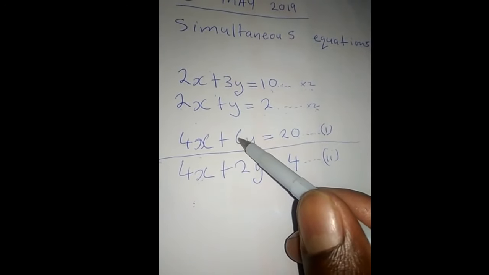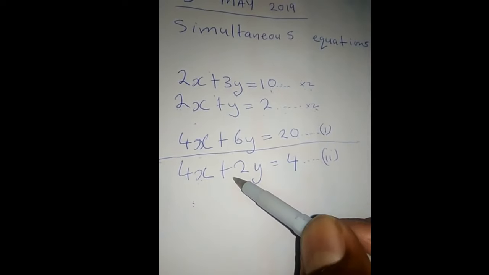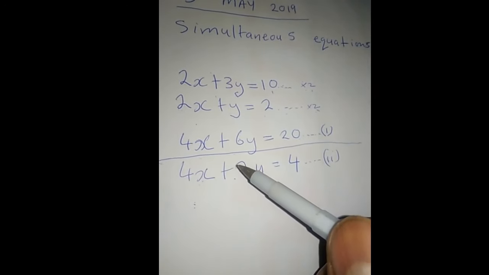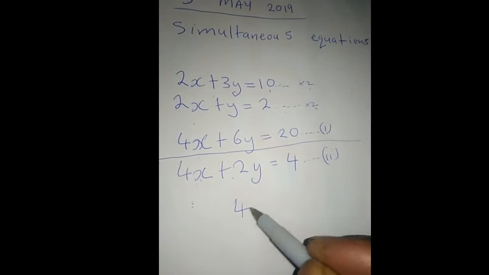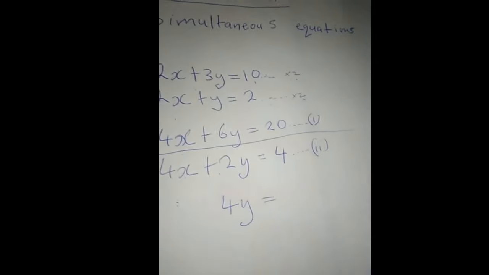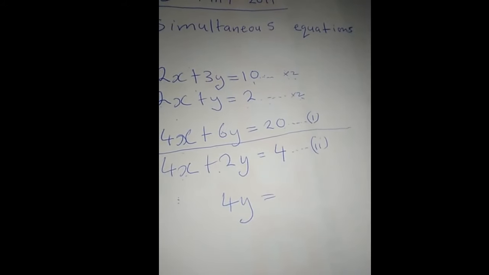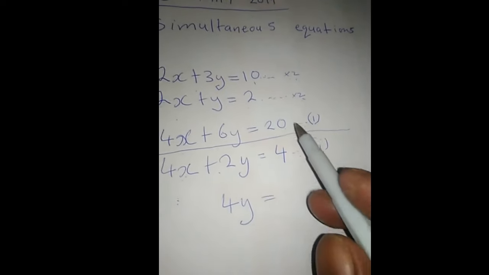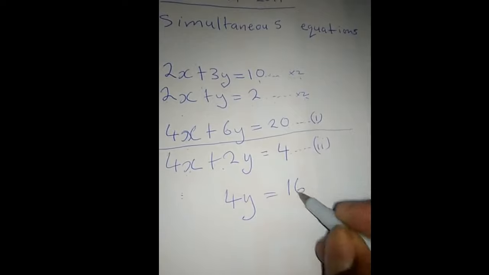Then 6 minus 2 will be 4, so it will be 4y. And 20 minus 4 will be 16. 20 minus 4 is 16.